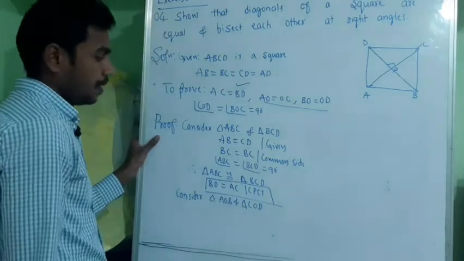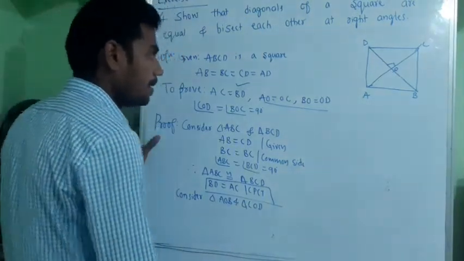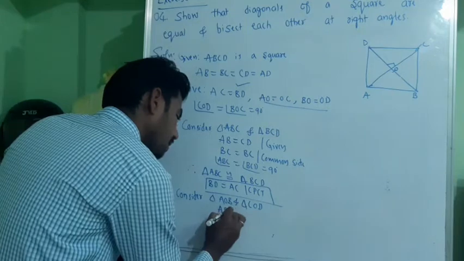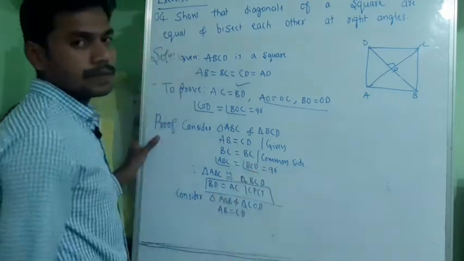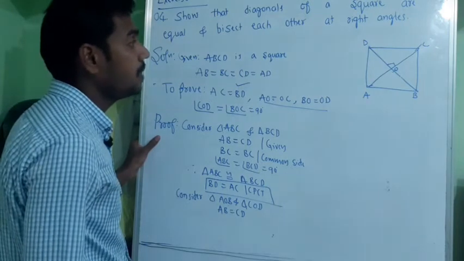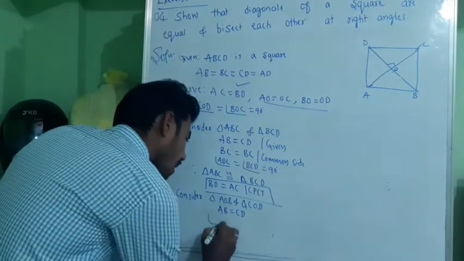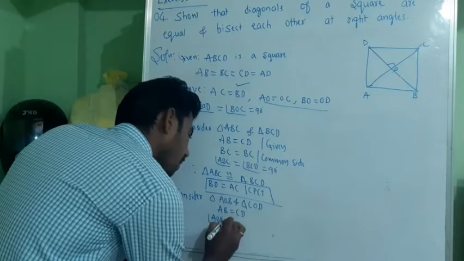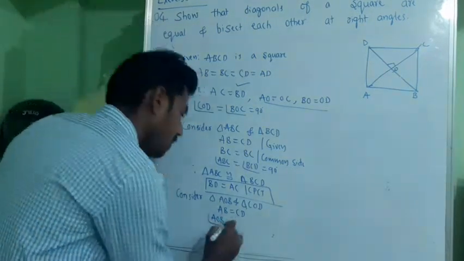Now, can I write AB is equal to CD? Sides of a square are equal. Then angle AOB is equal to angle COD.